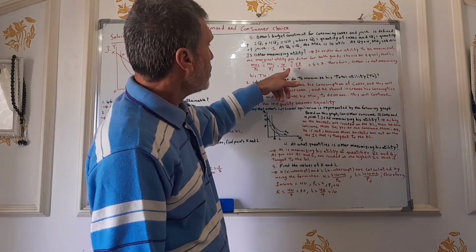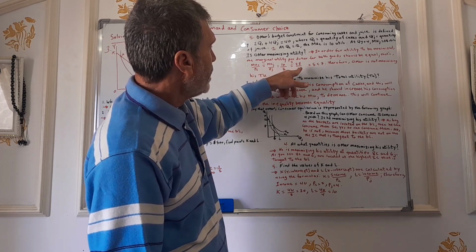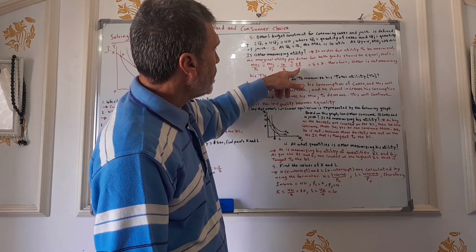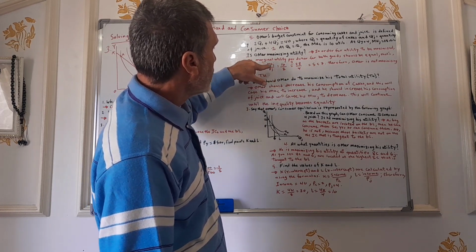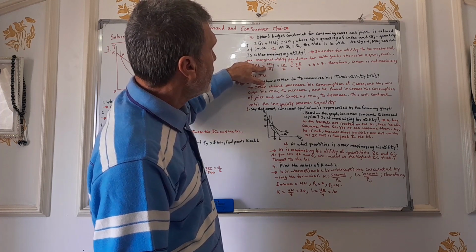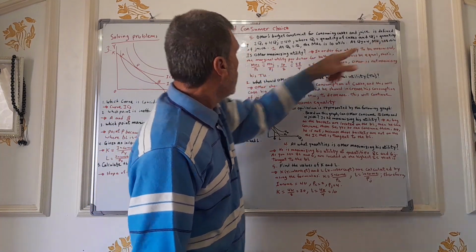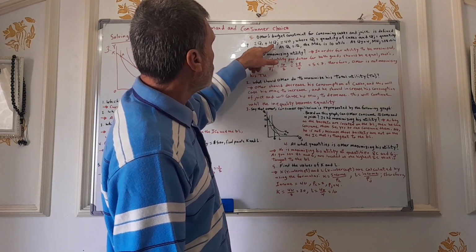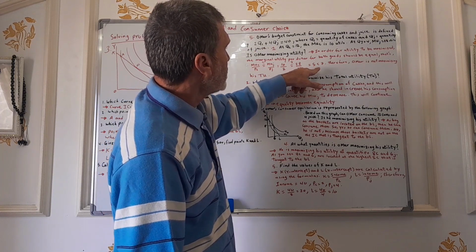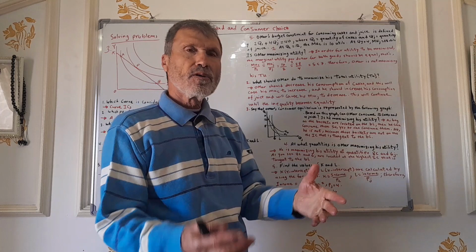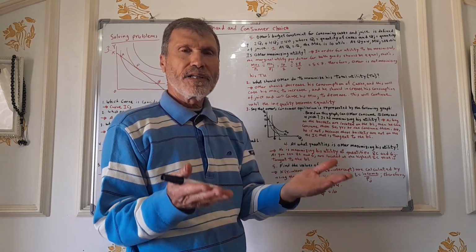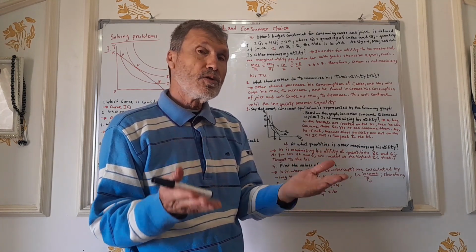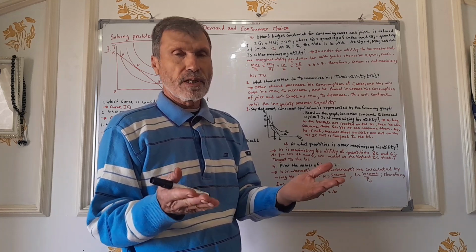10 over 2 is 5, which is less than 7, which is 28 over 4. When we substitute marginal utility of juice over the price of juice, it is 28 over 4, and we come up with 5 less than 7. Because we don't have an equality, we have an inequality.